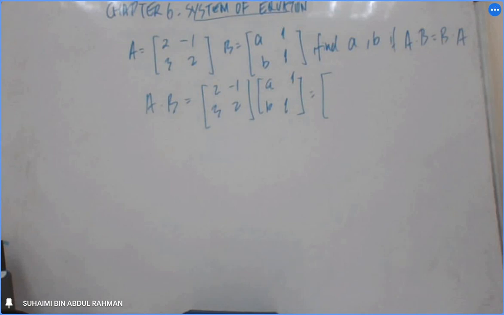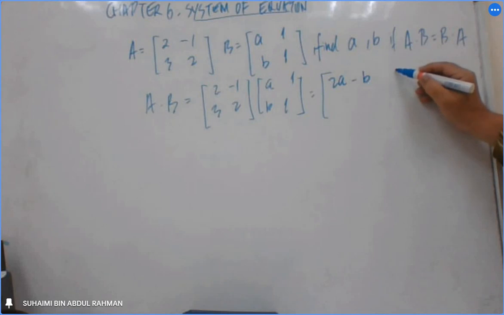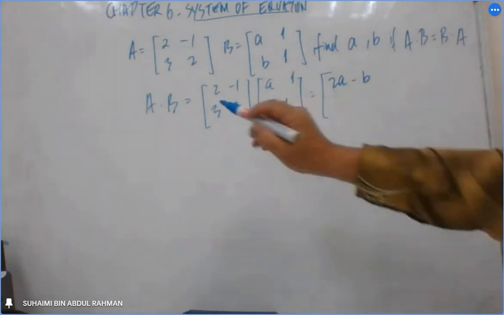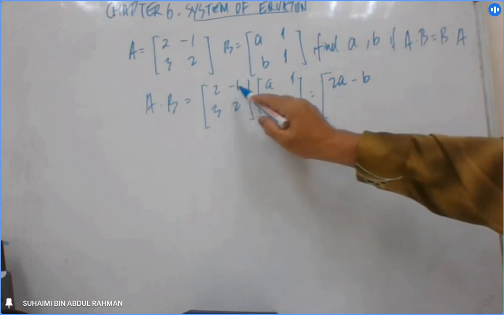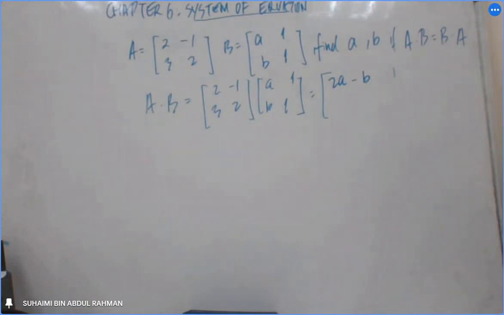What do we have? 2A minus B, and 2 times 1 plus minus 1 times 1, which is 2 minus 1, so we get 1.